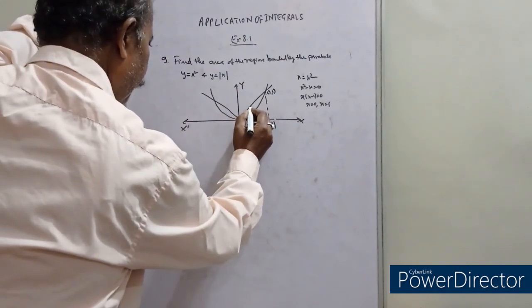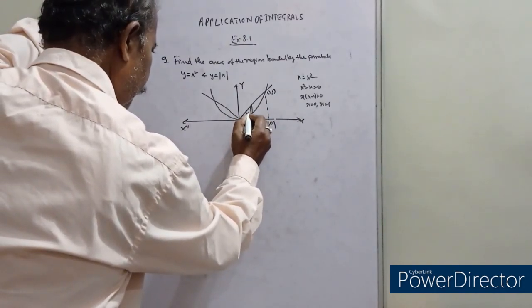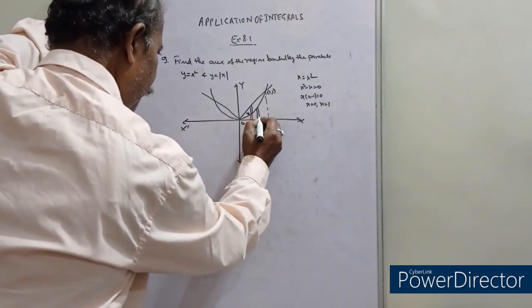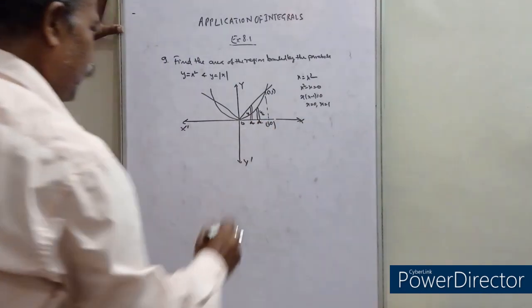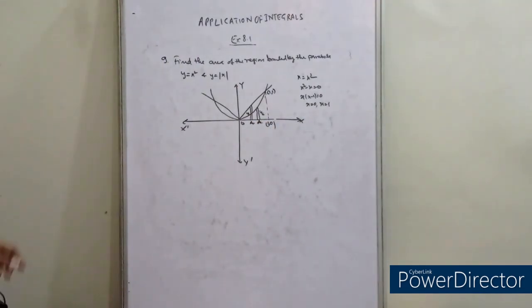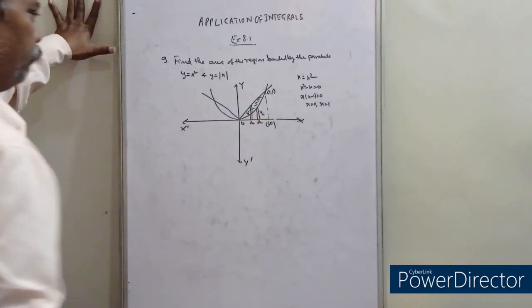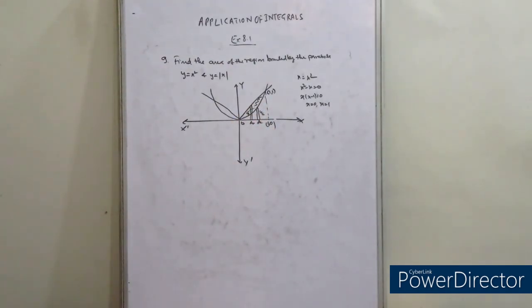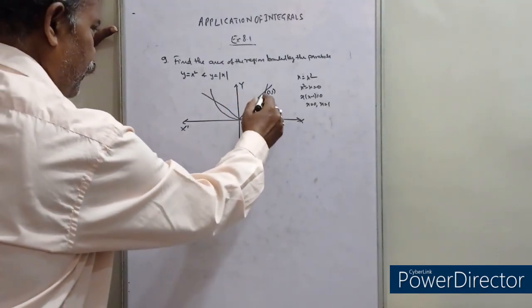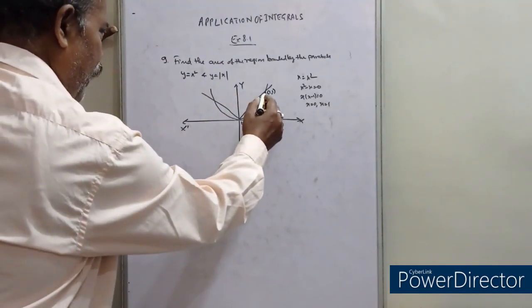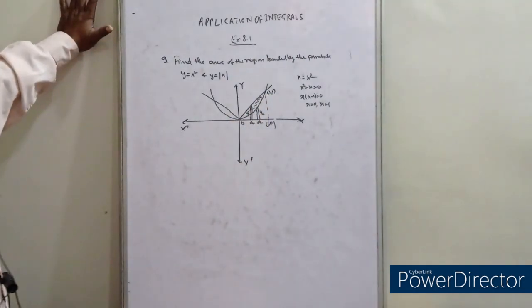So now this is y1 and this is y2, dx. Again see, you have to find out this region. So what I am going to do is take the area of this whole region, this triangle, minus the area of this region, and you will get this one.